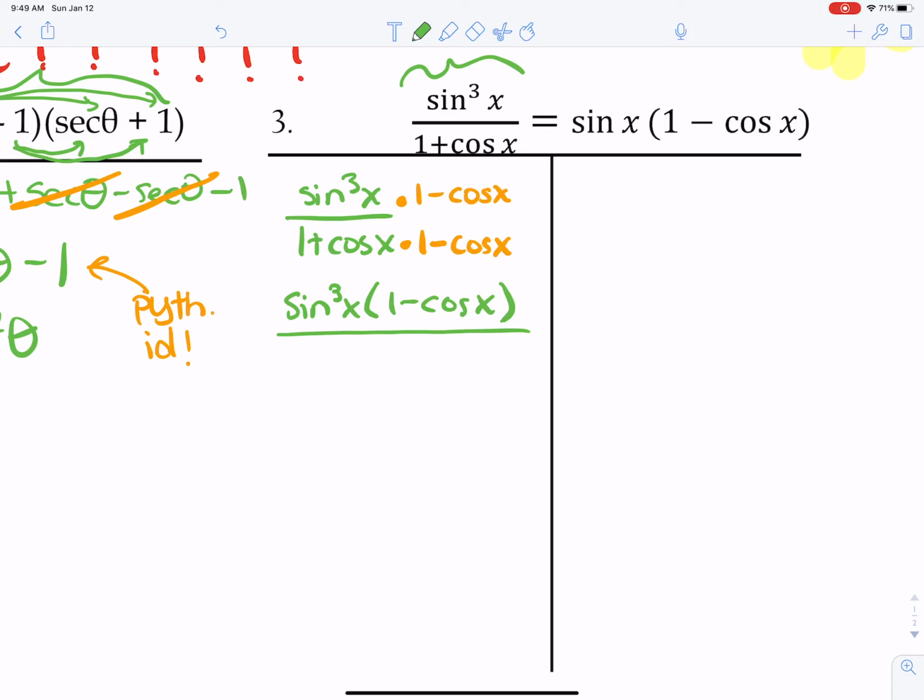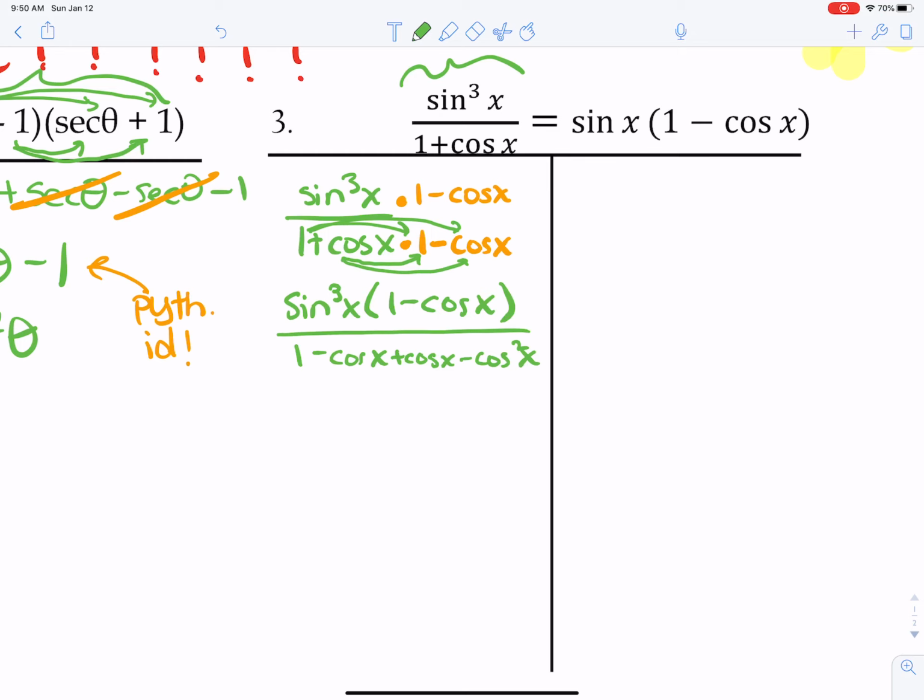And then we multiply 1 times 1 is 1, and that's negative cosine x. And then cosine x, so it's positive, and negative cosine squared x. Well, let me write that a little bit better.